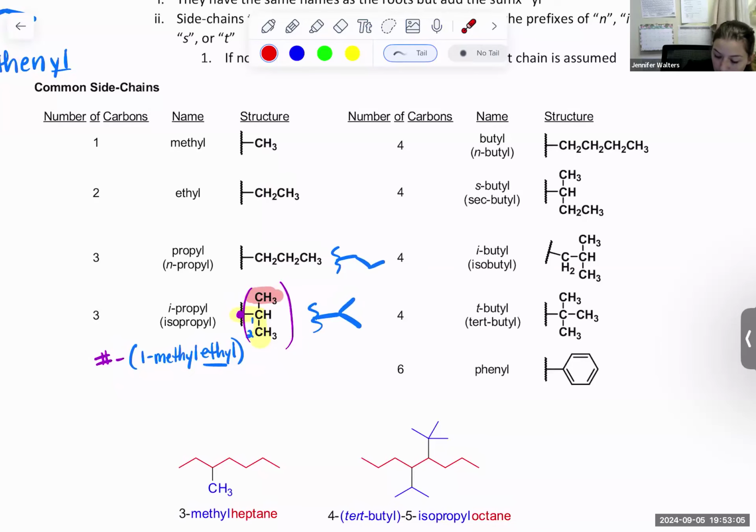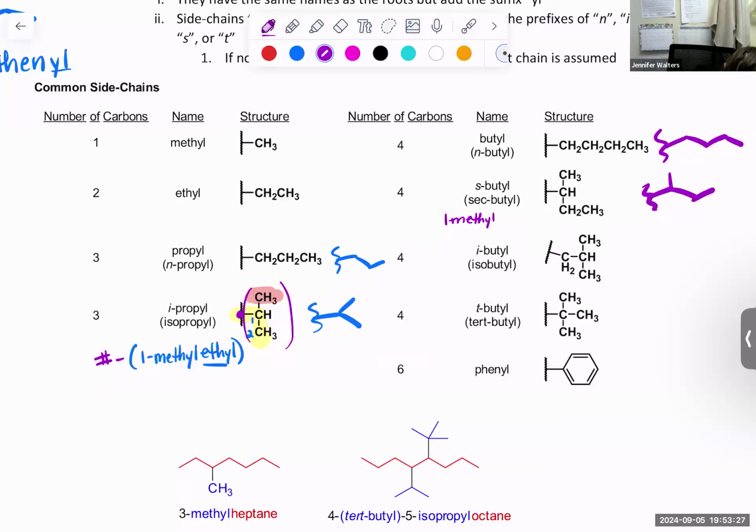Butyl is where you get this straight chain, 1, 2, 3, 4 carbon straight chain. That's n-butyl. Sec-butyl is where you have the methyl attached to carbon 1. So this would be 1-methyl propyl. Isobutyl is a 2-methyl propyl.